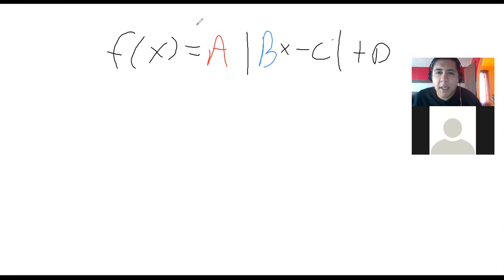A and B kind of go together. Whatever happens with A is kind of the opposite of what's going to happen with B. We won't go over it too much. But A and B deal with the dilation and reflection of the graph, okay?